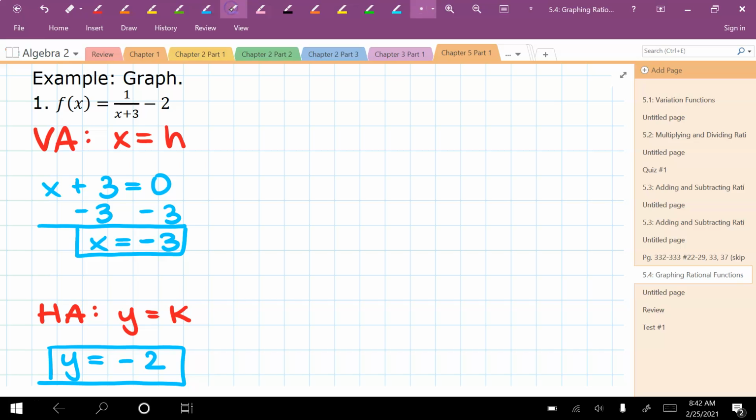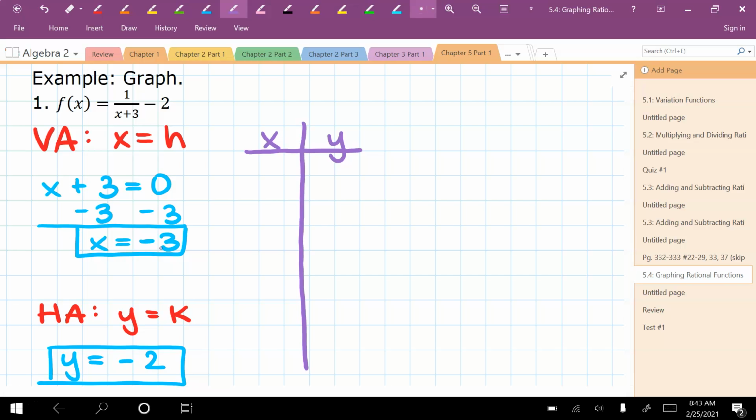You're going to want to make an XY chart here. Remember, y is the same thing as f of x, so x and y, or x and f of x, represent the same thing. What I do then is I pick a couple of points on either side of my vertical asymptote, because at x equals negative 3, that's an undefined function.